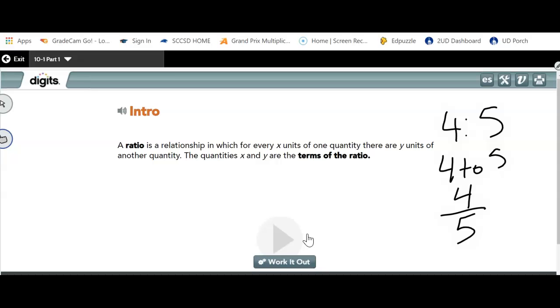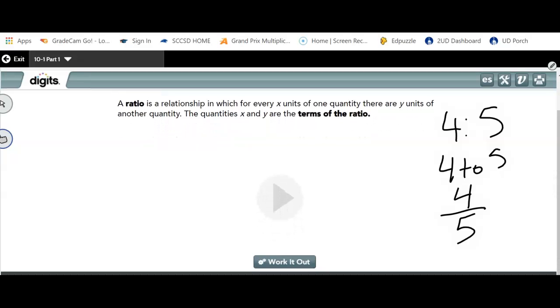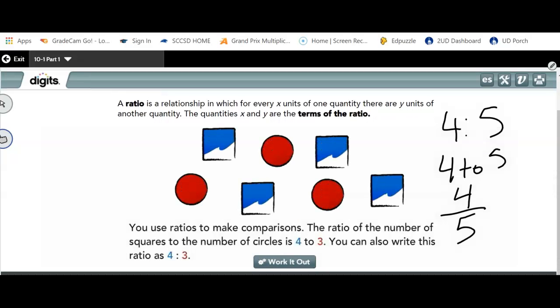So, let's look at this one up here. All right, so we have 4 to 3. What do you think we are comparing here? What are we comparing? Jordan? The number of squares to the number of circles. Good.